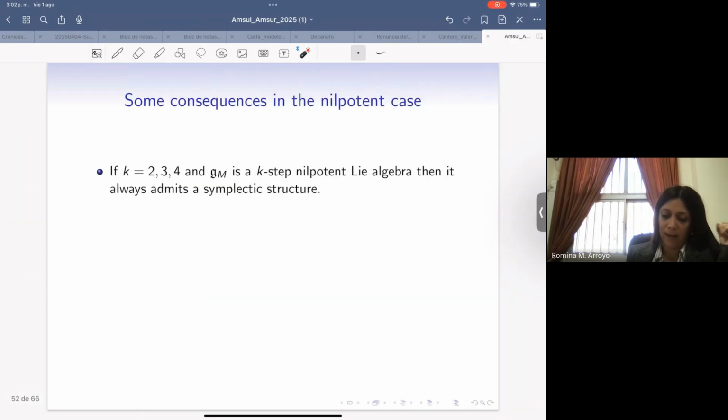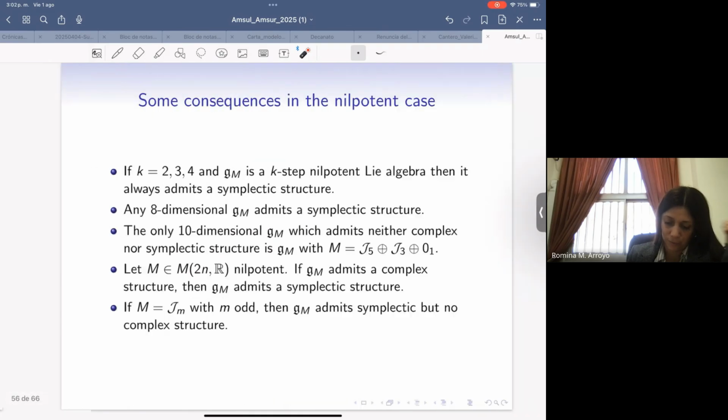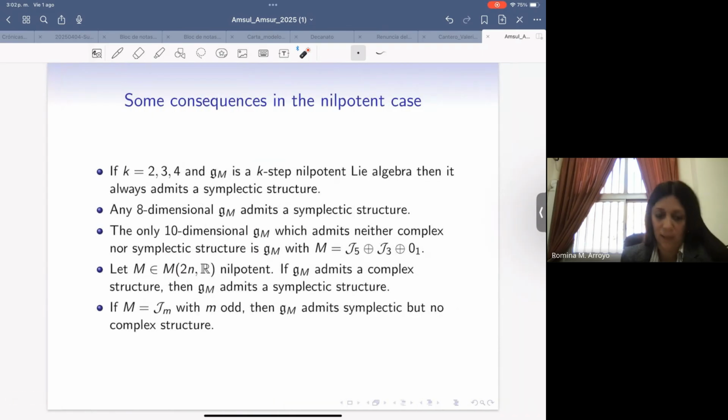And so here I want to show you some consequences. For instance, from these results, if you consider almost abelian Lie algebras which are k-step nilpotent for k equal to 2, 3, and 4, then all of them admit a symplectic structure.